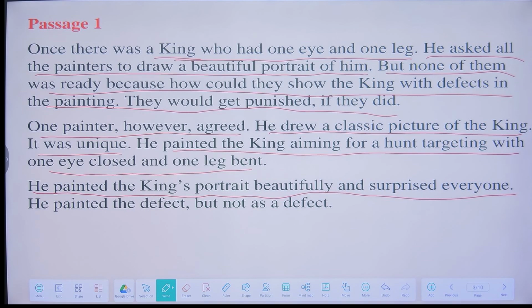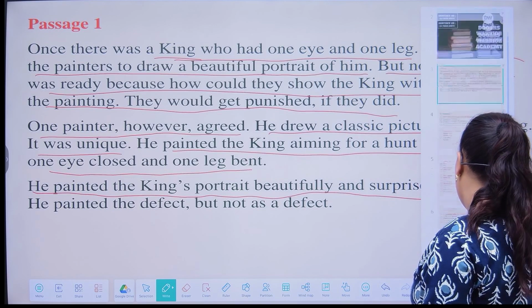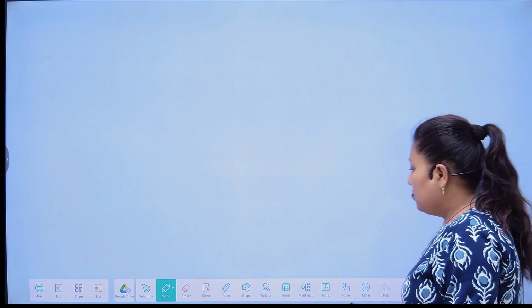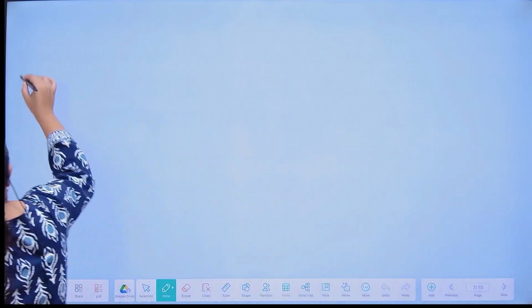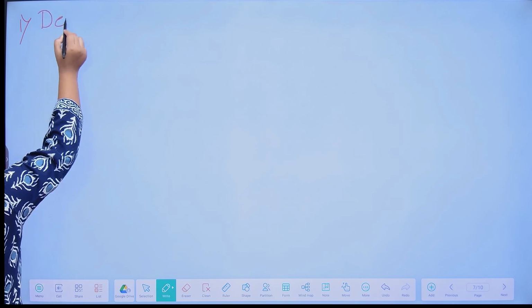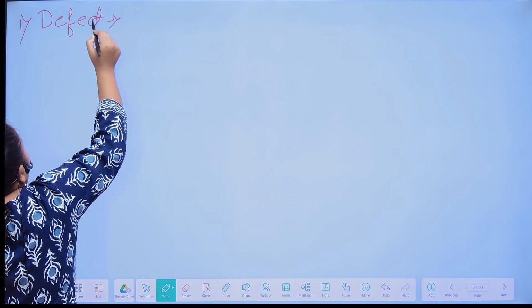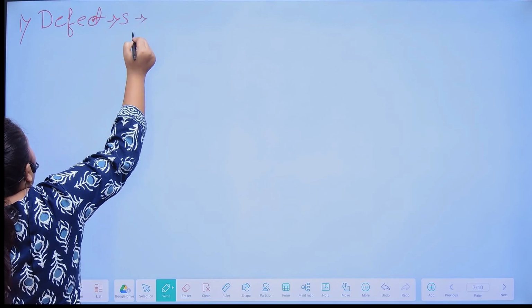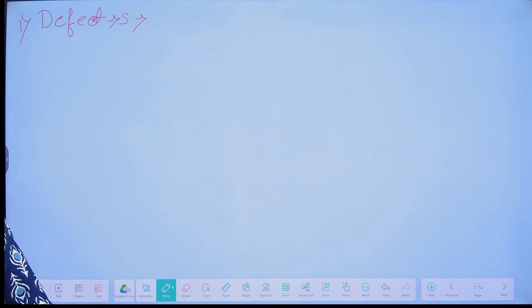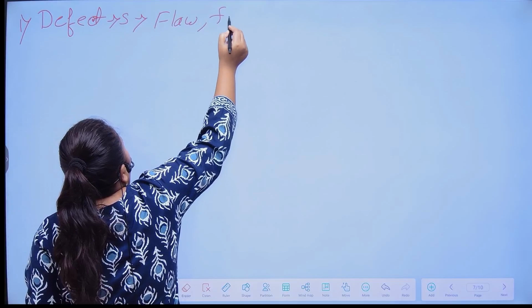So all the questions are done. Now we will see some synonyms and antonyms of words. The first word is defect. The synonyms of defect are flaw and fault.